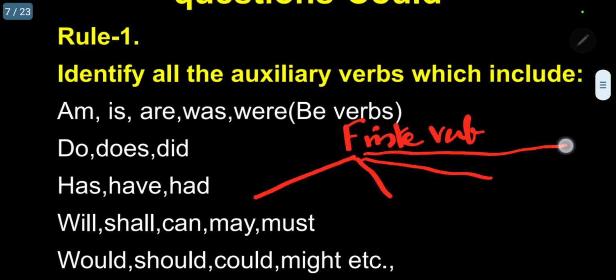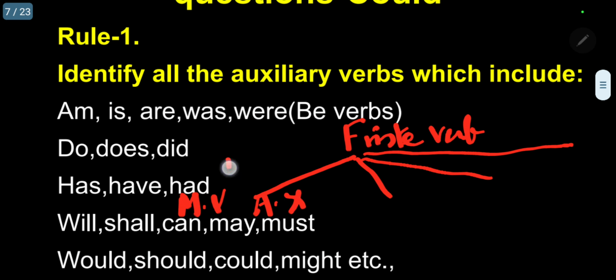Please follow. You may wonder, this will not be discussed properly in grammar books. Finite verb I can classify into main verb and auxiliary verb.